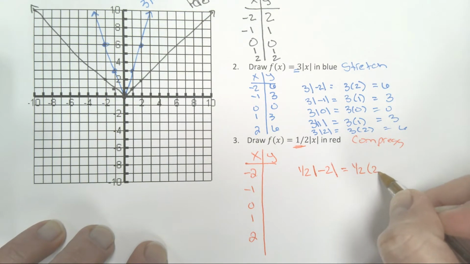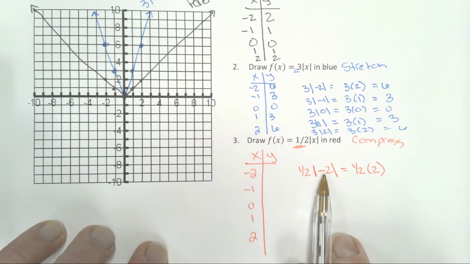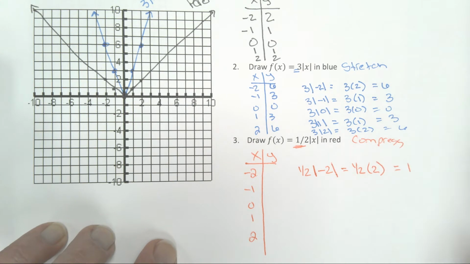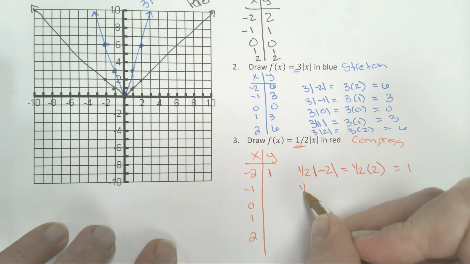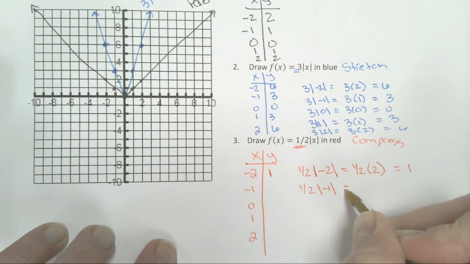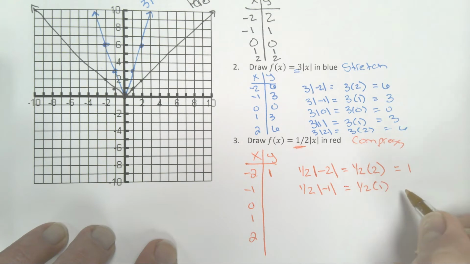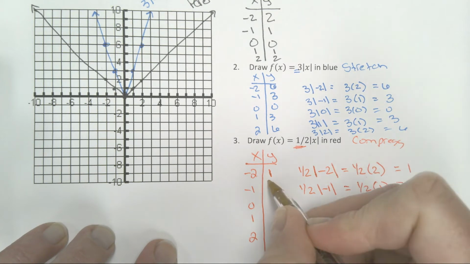Order of operation says you got to take absolute value first. The absolute value of -2 is 2, and a half of 2 is 1. I have 1/2 times the absolute value of -1. The absolute value of -1 is 1, and a half of 1 is a half.